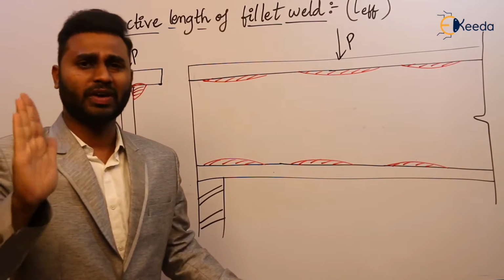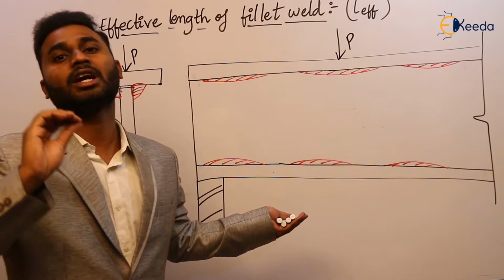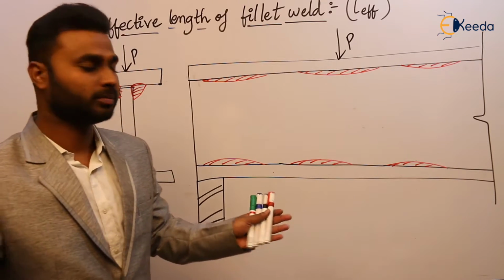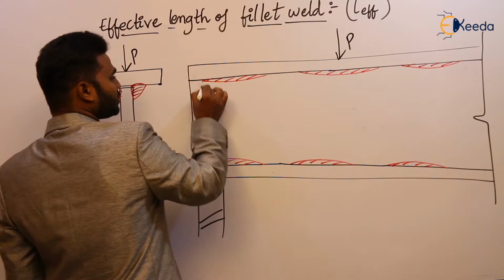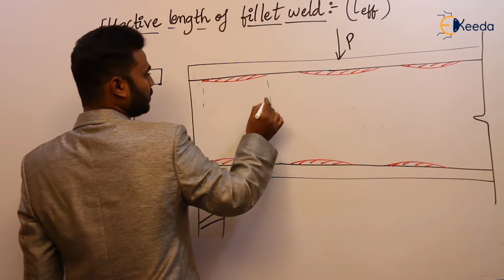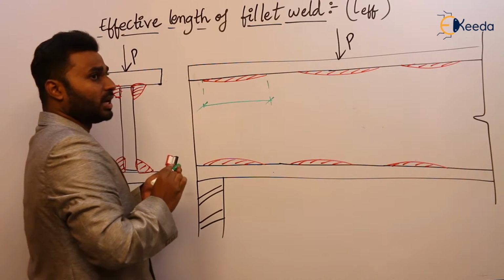For that strength, intermittent weld is more than enough. But as I said, if you want, we can provide continuous weld also. Now, if you observe here, this is the actual length.